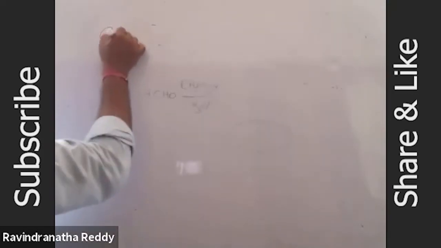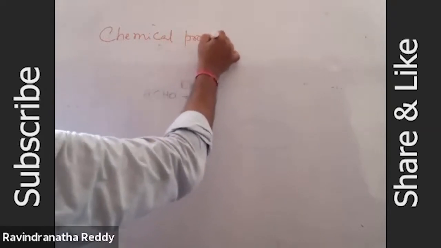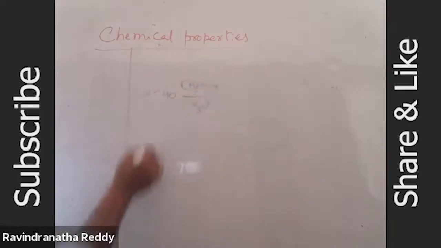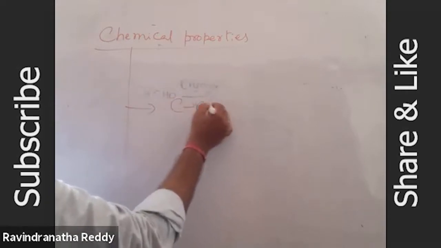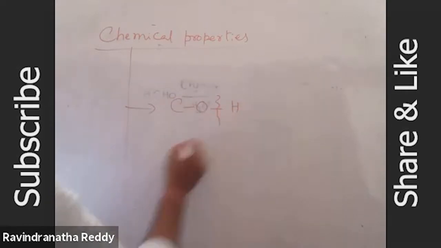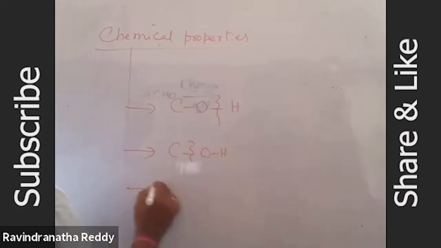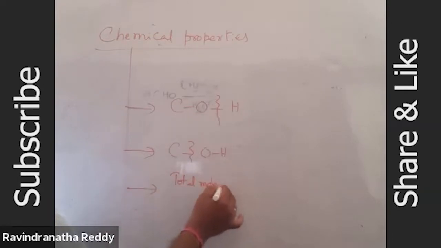Under chemical properties, mainly we have to divide them into three types. One, reactions involving C-OH bond breaking, specifically O-H bond breaking. Next, reactions involving C-O bond breaking. And reactions involving the total molecule. Three types of reactions.